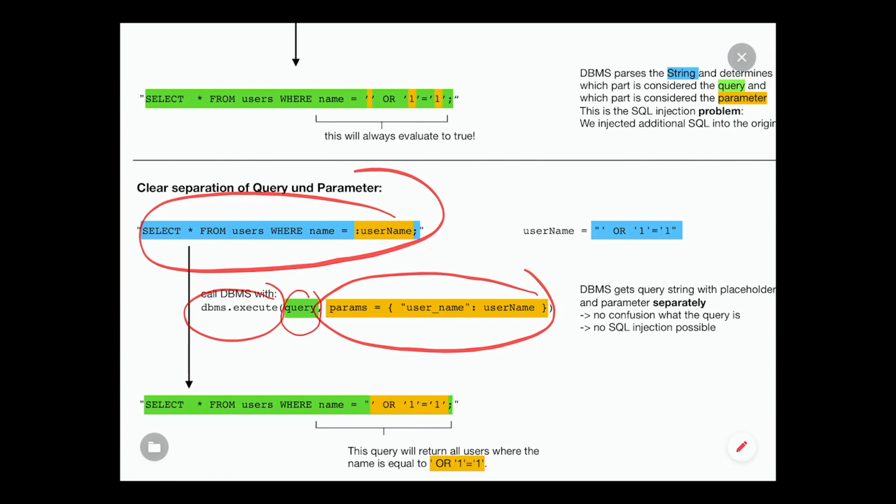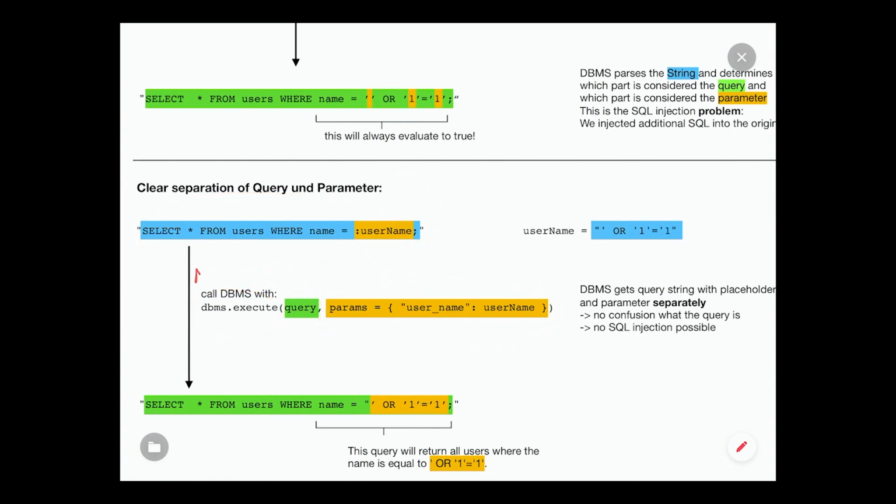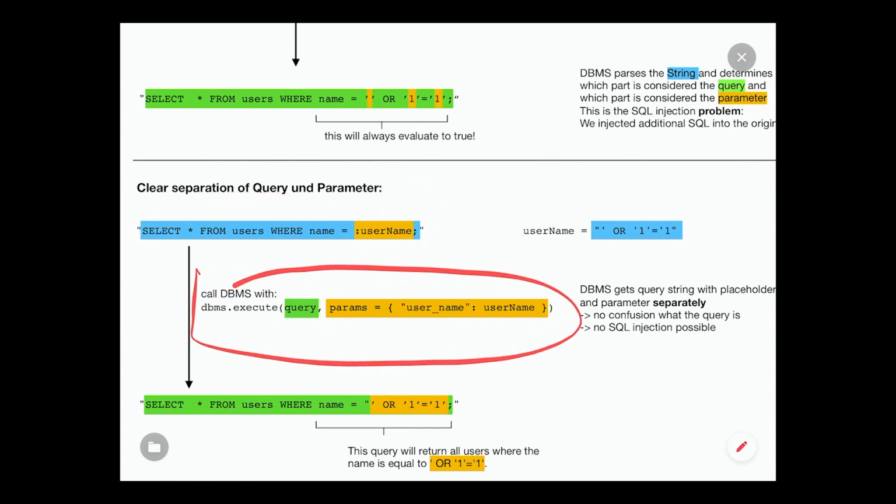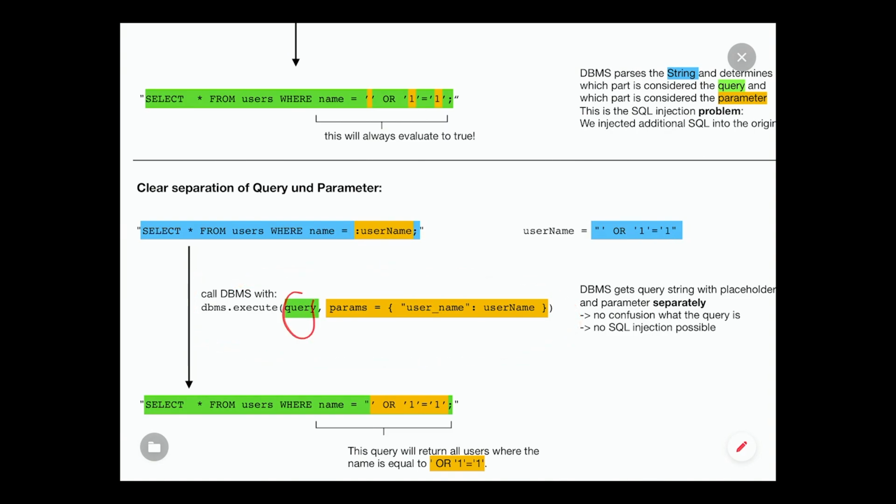And that means that with this call, you already make clear, hey, whatever happens in the following, this stuff here is a part of the query, and this stuff here is part of the parameters. That means the interpretation of the database system will be the following. It will say, okay, well, that's a wild constant, but who cares? That is what was passed. That is the stuff that was passed to me.